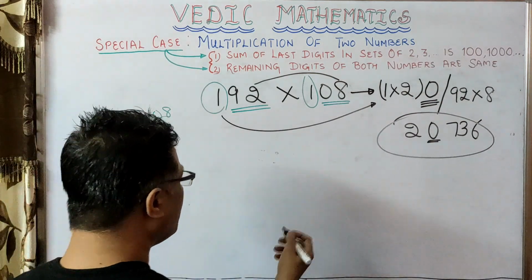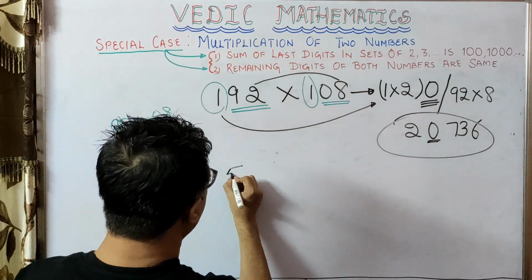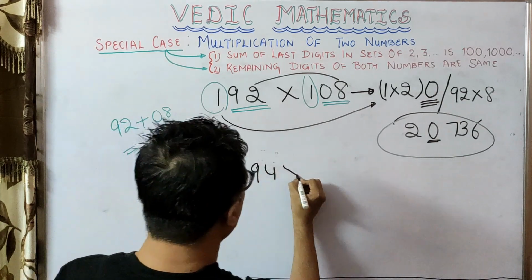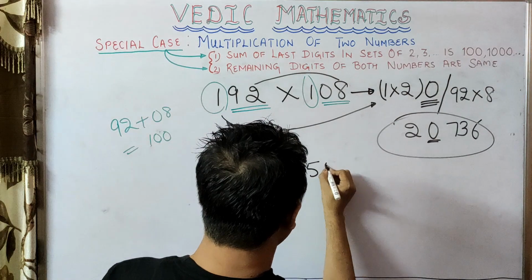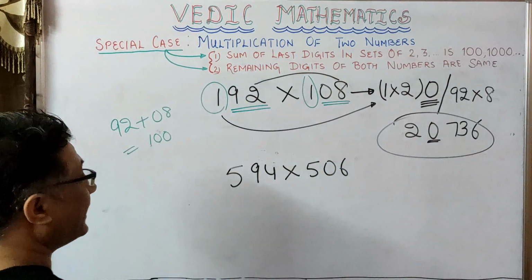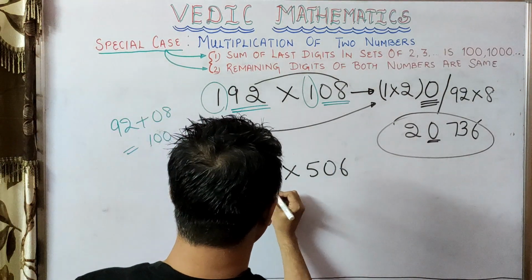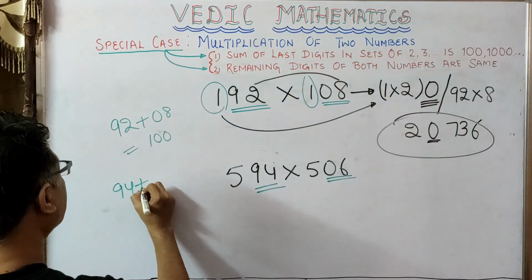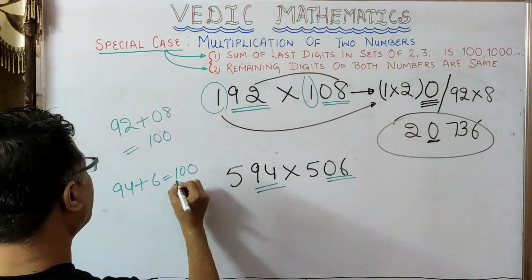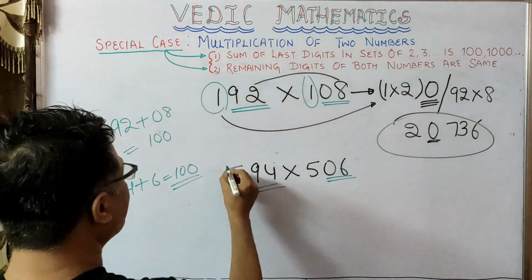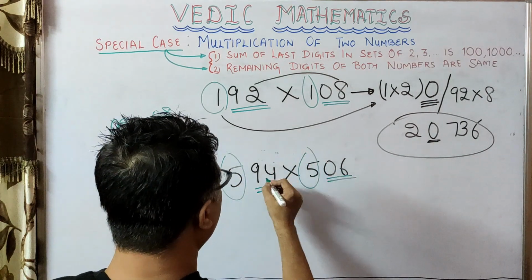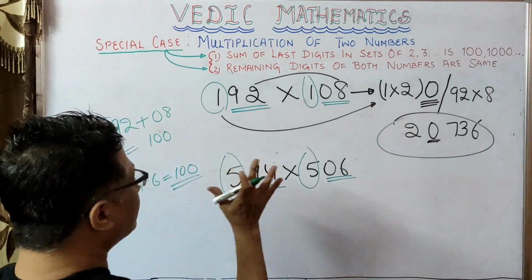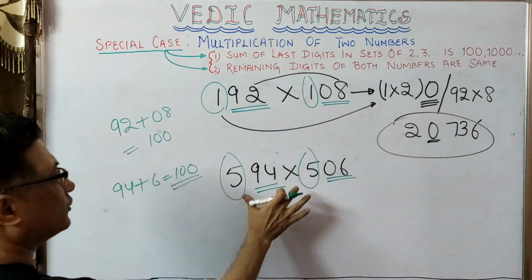Similarly, for example, you have to multiply 594 with 506. So again, as you can see, 94 and 6, they form a pair. 94 plus 6 is 100. So this becomes a special case where 94 and 6 make a pair, add up to 100, and then the remaining digit is the same in both the numbers.